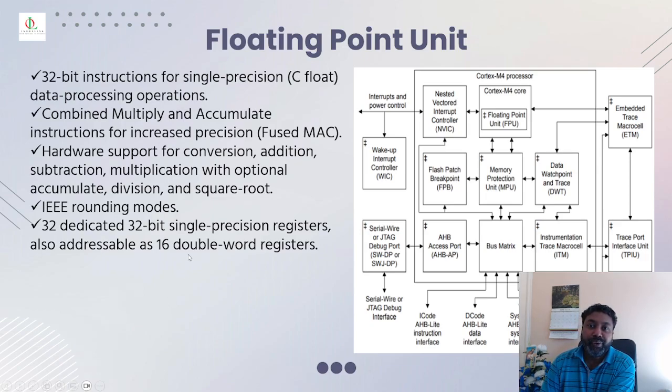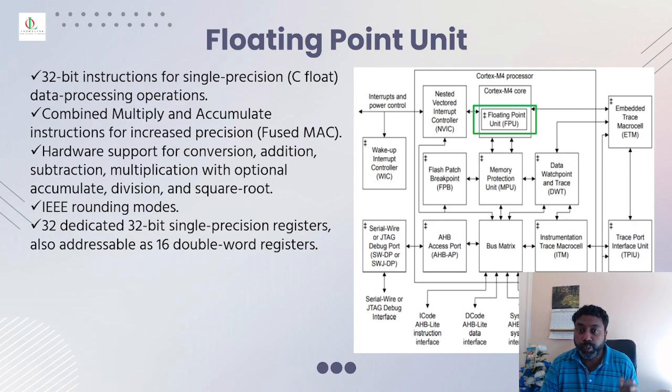Now let's move into the floating point unit. The floating point unit comes with 32-bit instructions for single-precision data processing operations, combined with MAC capability. You can multiply and accumulate to increase the precision. And the hardware inside supports basic conversion, addition, subtraction, multiplication, and division.